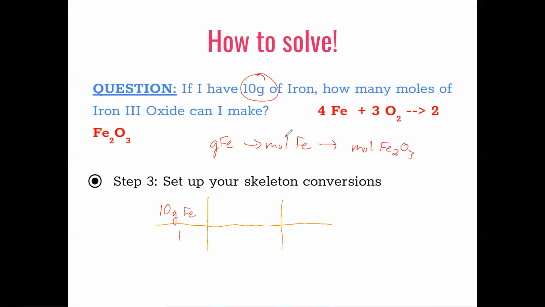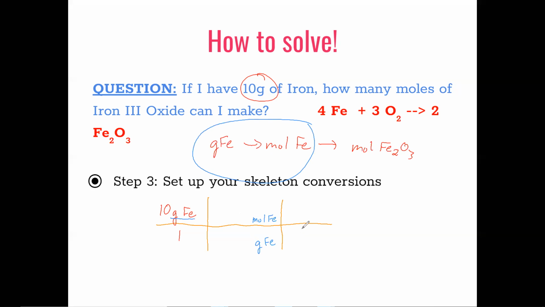Okay. So first things first, we are going to do this part. So we have grams of iron here. So grams of iron has to go down there because we're getting rid of it. The first conversion we're doing is we're going for moles of iron. So that's going to go there.